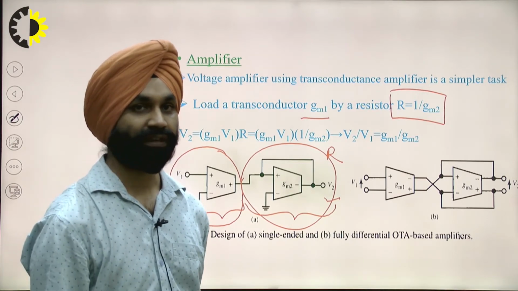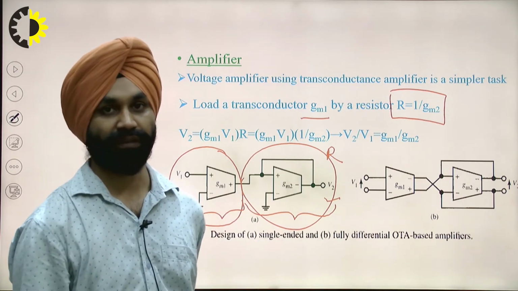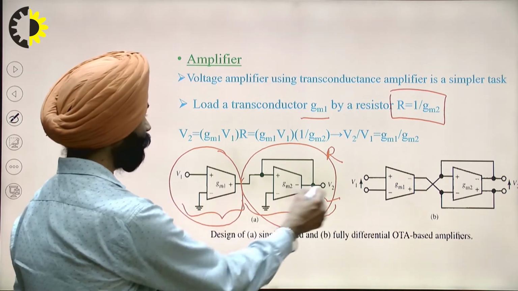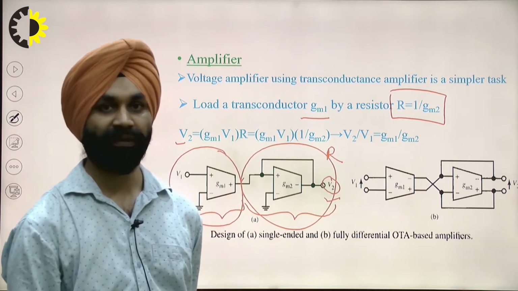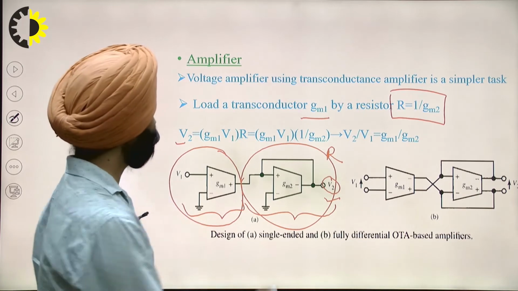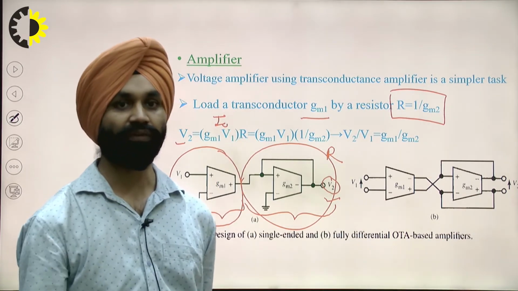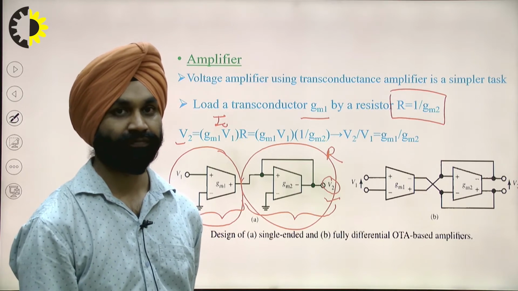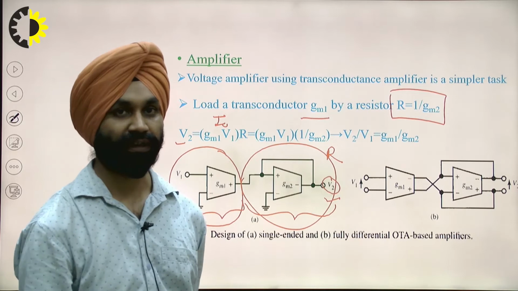For this circuit, the output will be V2 equal to GM1 V1 into R. We know that this is equal to IO for GM1, so we have the simple relation V is equal to IR.